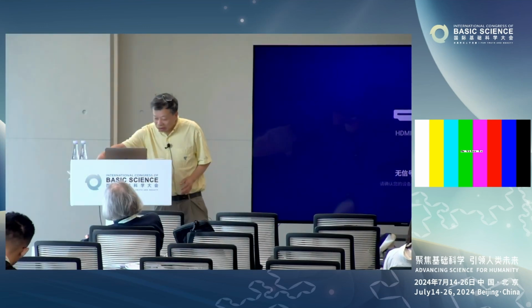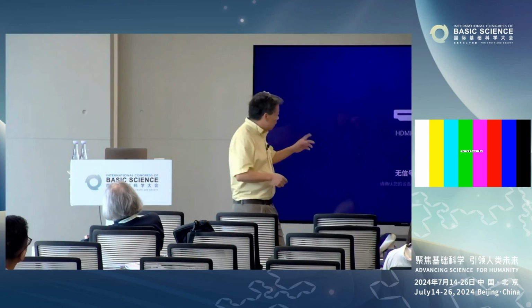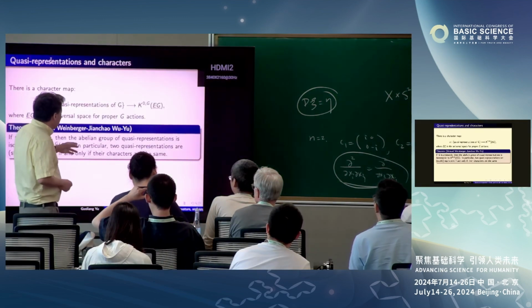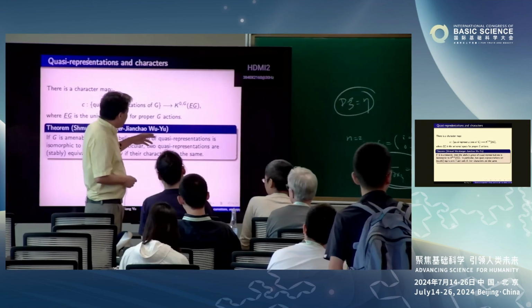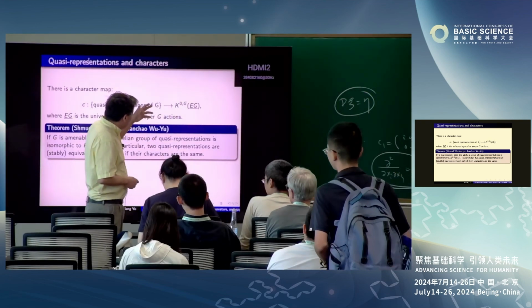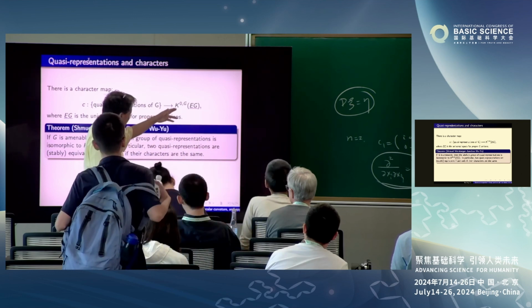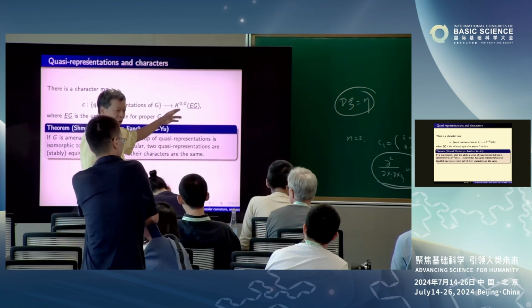This theorem answers exactly your question. In general, it's close to a true representation if and only if the character is equivalent to a flat bundle.